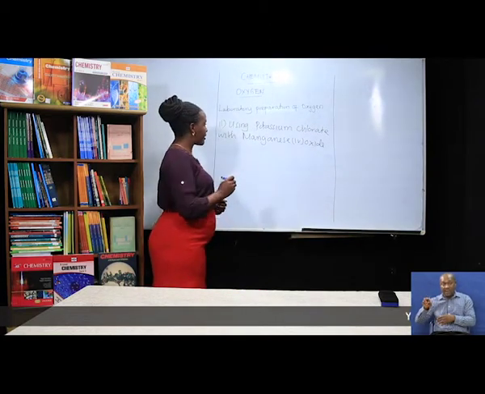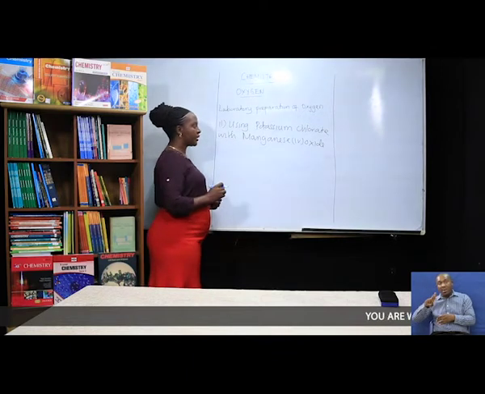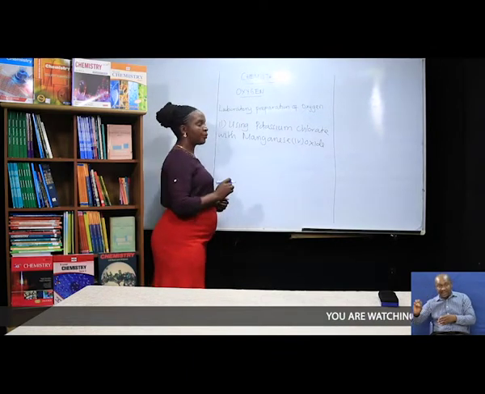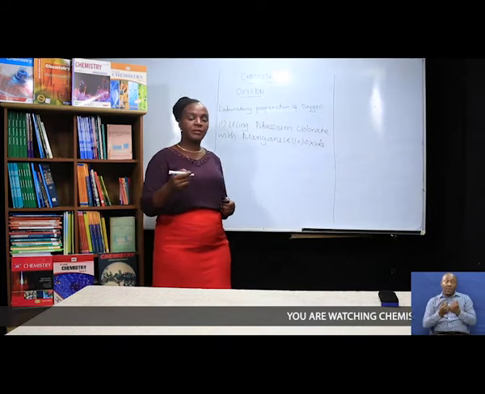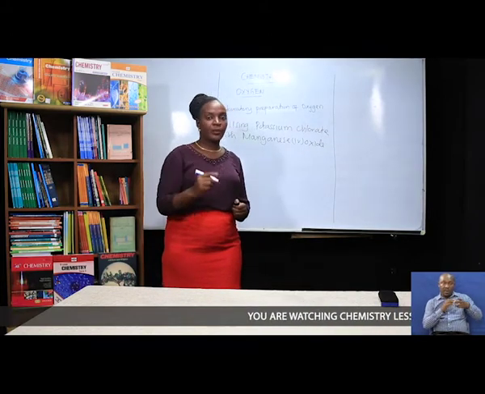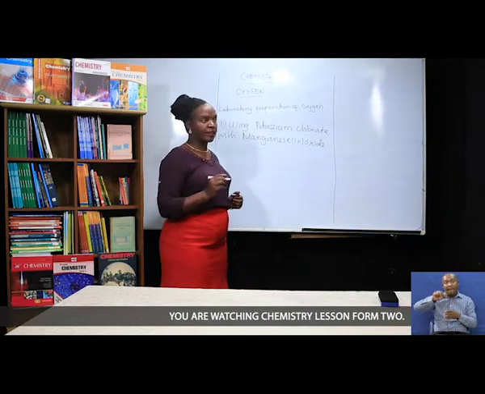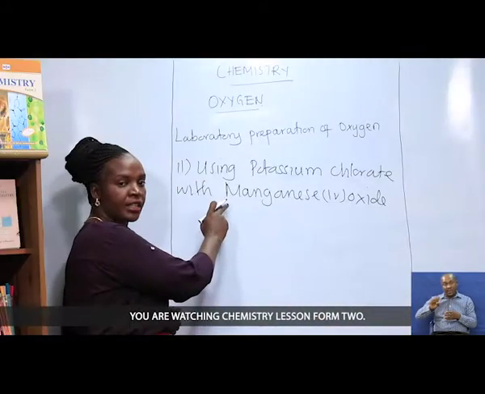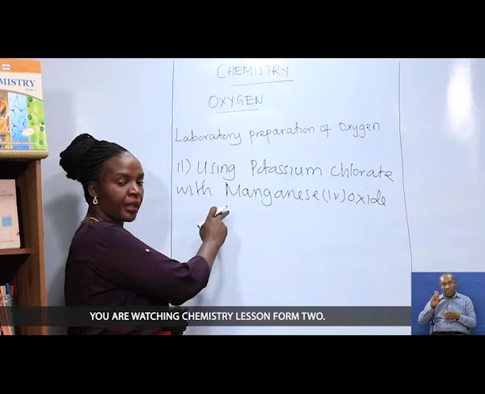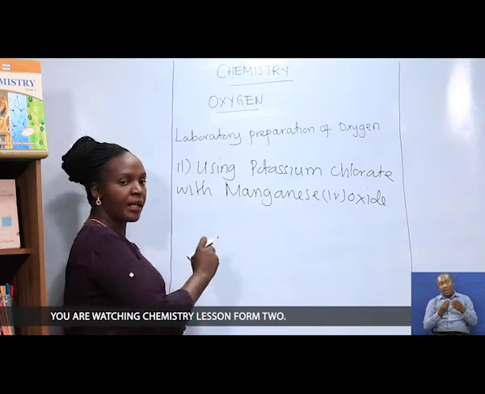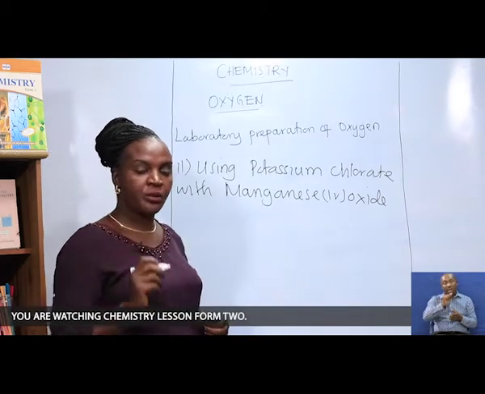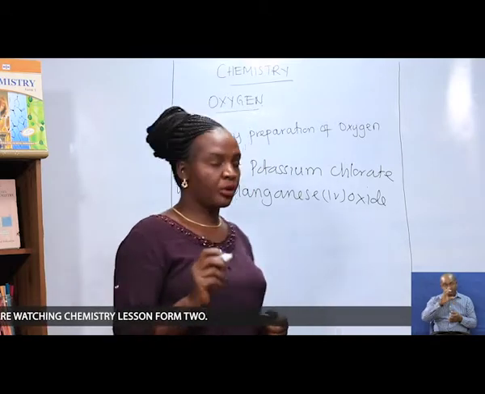Now let us see what is happening during the decomposition of potassium chlorate. To decompose means to break down. A large compound is broken down into smaller compounds or elements. Now, this reaction cannot be successful if there's no heat. That is why it is called the thermodecomposition of potassium chlorate.